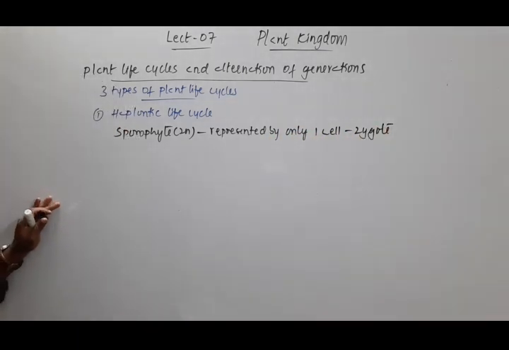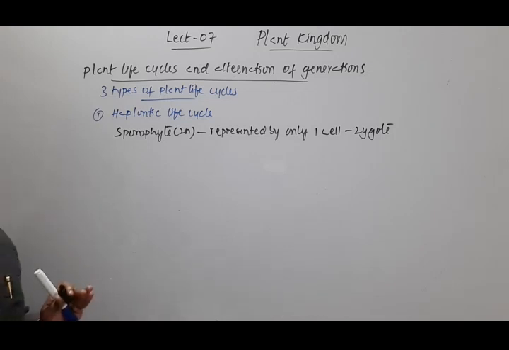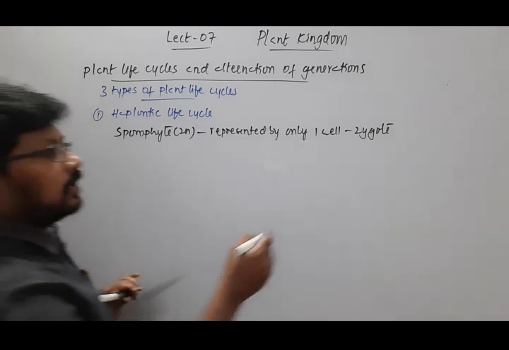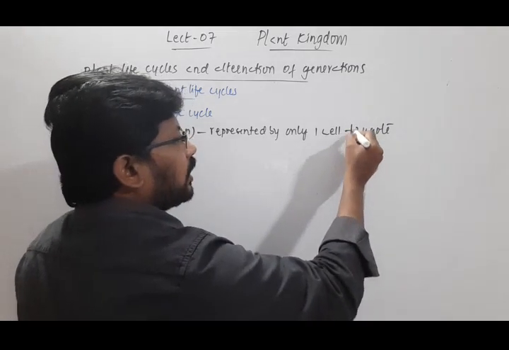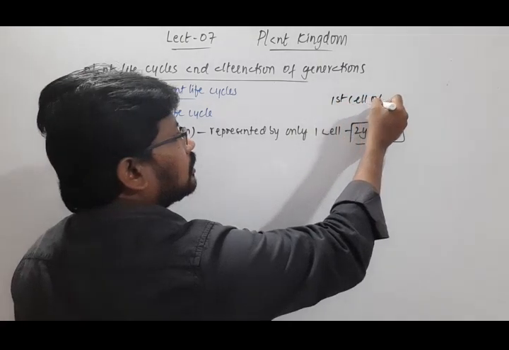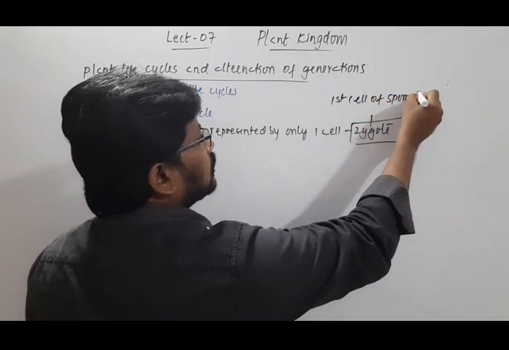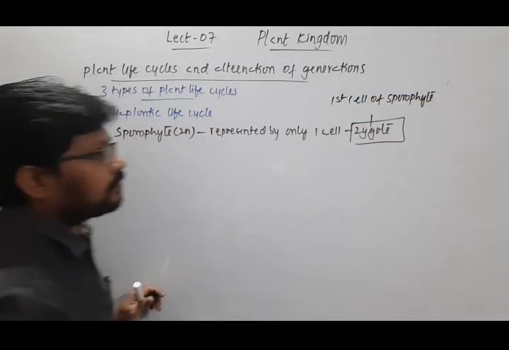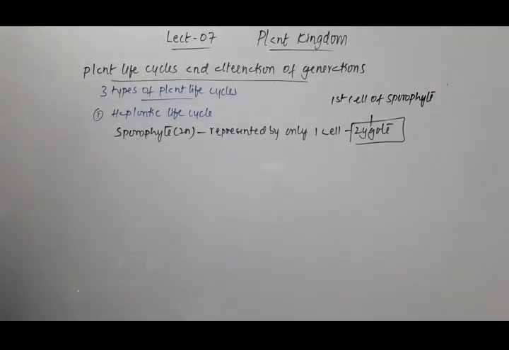So in this case, the zygote will immediately undergo meiosis. It will not undergo mitosis to form the sporophyte. Of course, we need to keep in mind that zygote is the first cell of sporophyte.